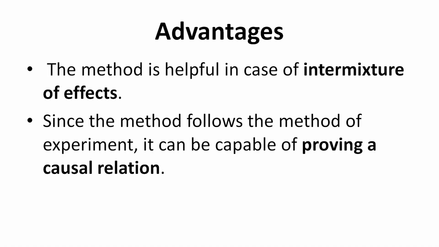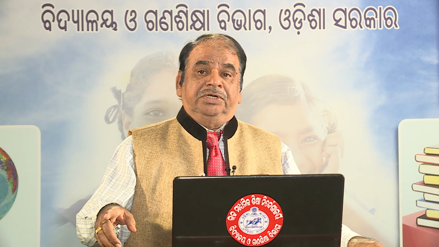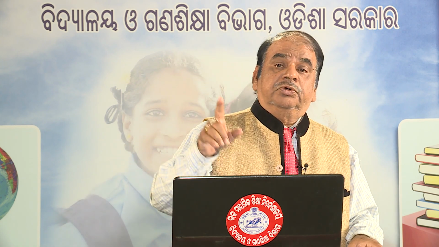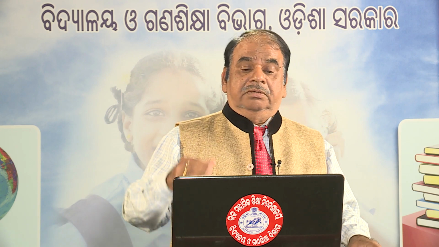Another advantage is that since the method follows the method of experiment, it is capable of proving a causal relationship. That means we discover, but we can follow the method of experiment to prove it. So, it is a method of discovery, but proving is also possible later with the help of other methods.